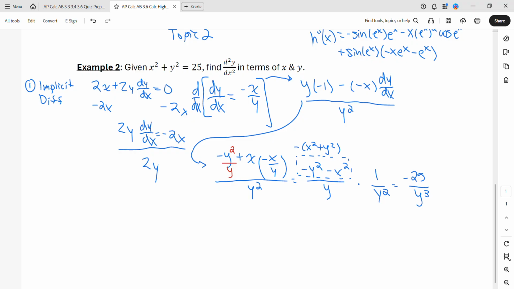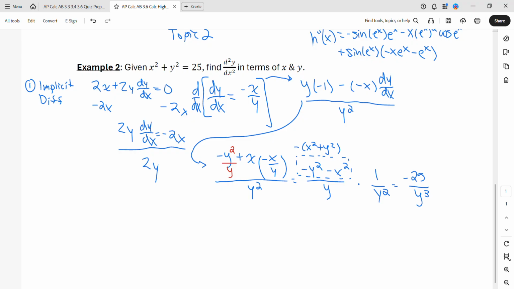There's your answer. Because if it's negative times x squared plus y squared, that's going to turn to negative 25. Y times y squared is y to the third. So indeed, we have written the second derivative in terms of x and y. It just so happens it is just y.